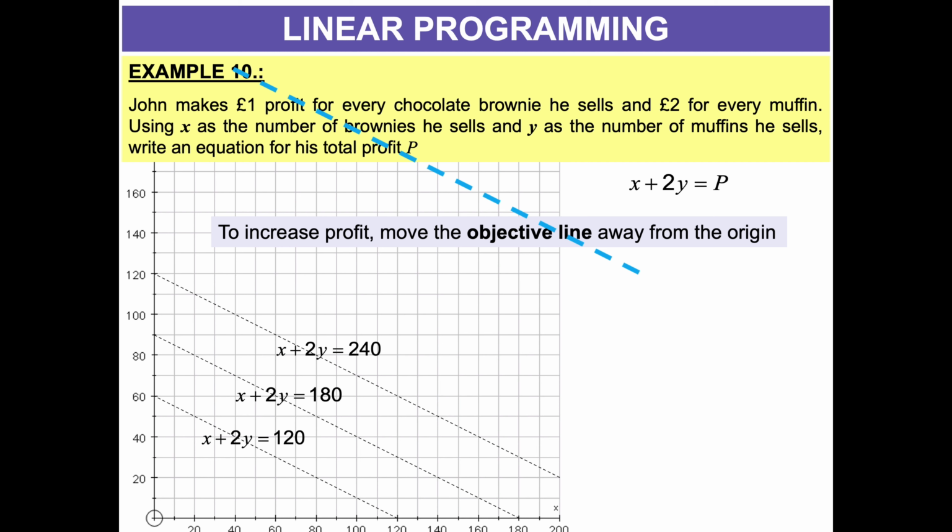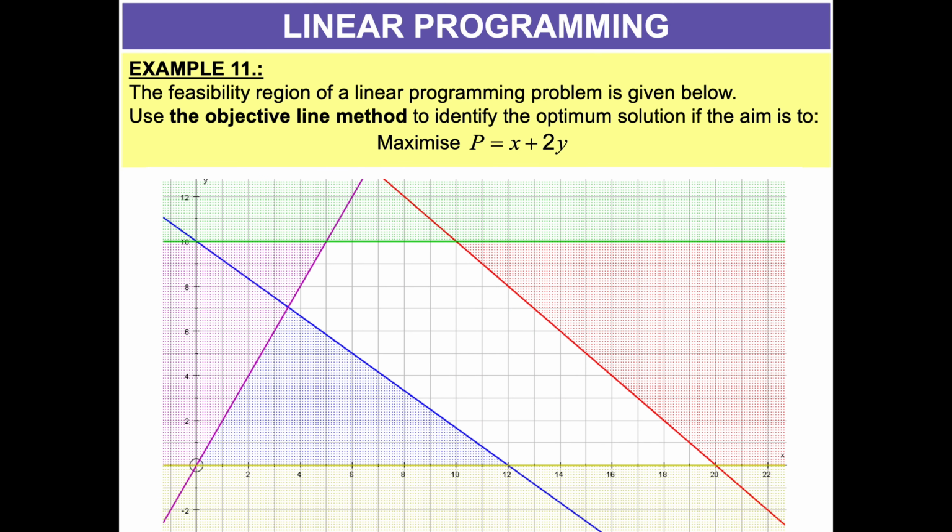That's why it's called the ruler method, because on your paper you are actually moving a ruler, keeping it parallel to the first initial line that you sketched. Let's look at some problems.